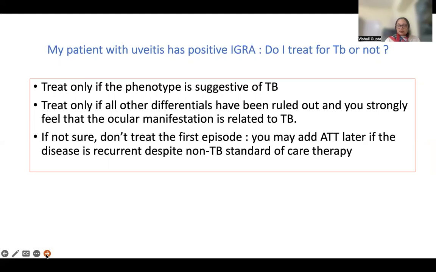So most of the phenotypes are immunological manifestations. So you treat with non-TB standard of care therapy. And if the patient continues to have recurrences, you can always add ATT at a later stage.